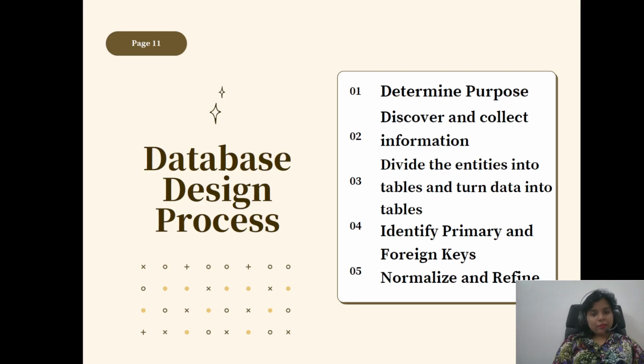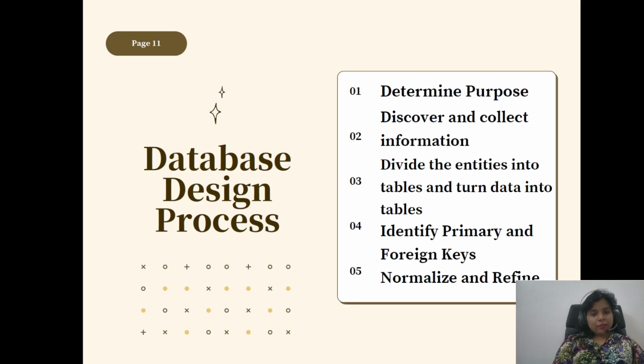We need to establish relationships between tables with the help of foreign keys. By foreign key, we mean that the primary key of one table acts as a foreign key in another table, and that is how we establish a relationship between any two tables.